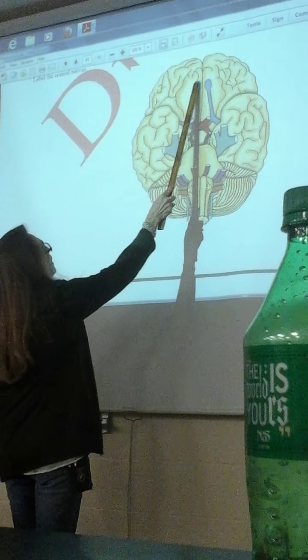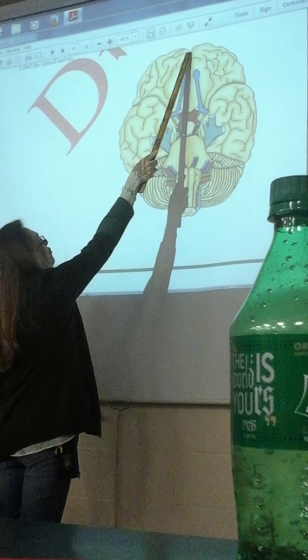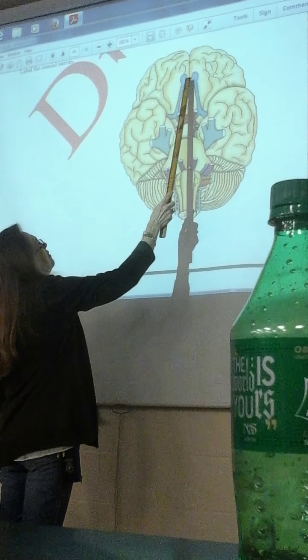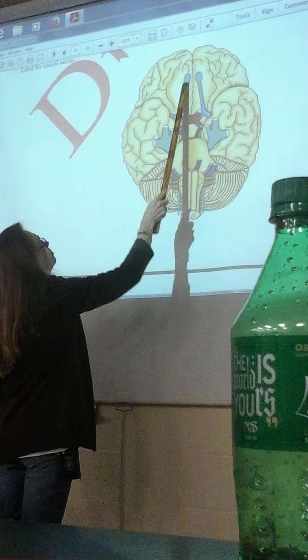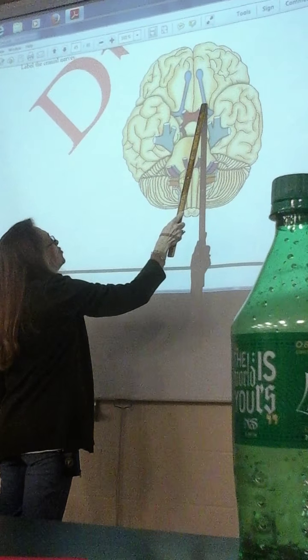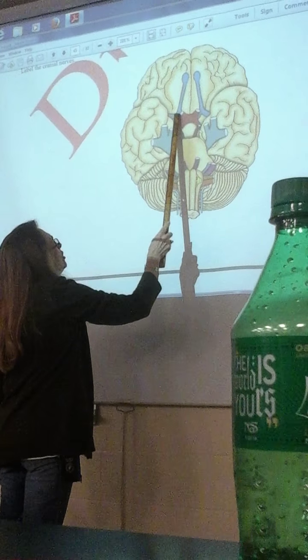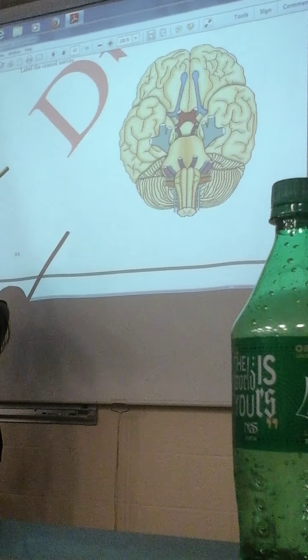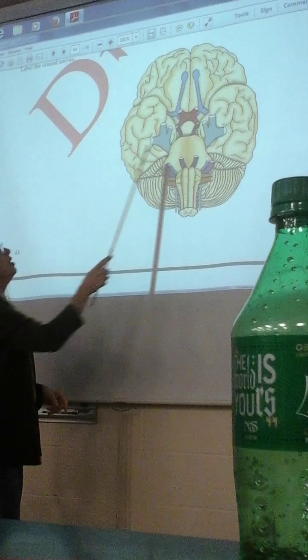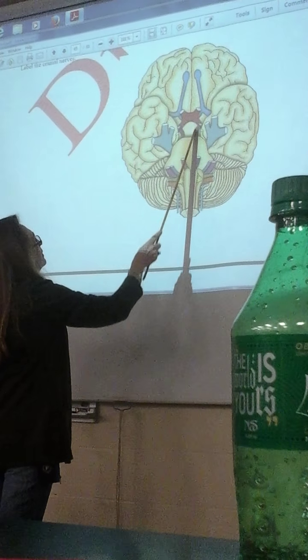Okay. This first pair, we start at the front. This is the front. This first pair is a kind of a medium blue. That's 1. 2 is this pair that are red. They're actually crossing right here. That's 2. 3 is black.